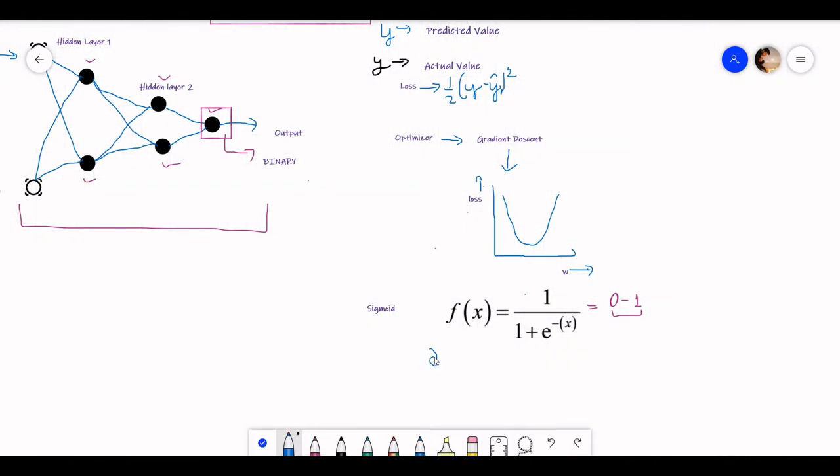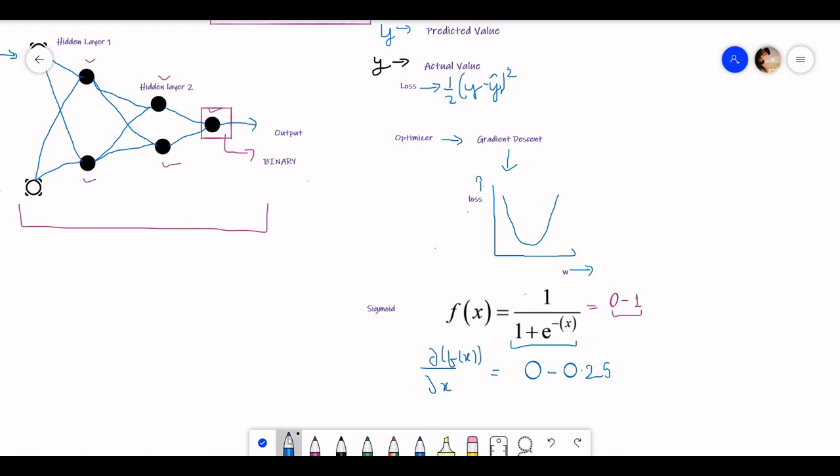If I write del upon del x of f(x), where f(x) is nothing but our sigmoid activation function formula, we have to find the derivative of this formula. The value ranges between 0 and 0.25. This is the range of the derivative of the sigmoid activation function.